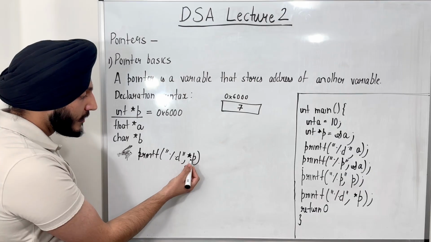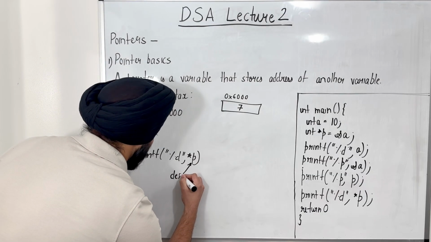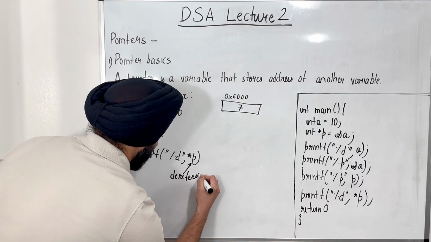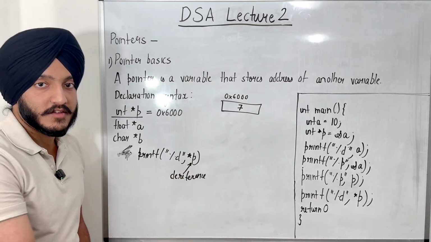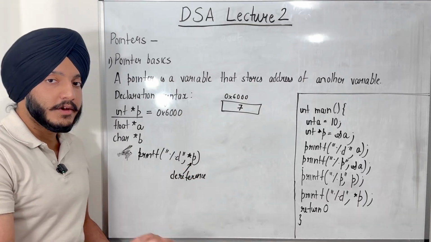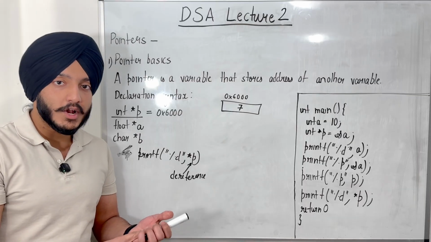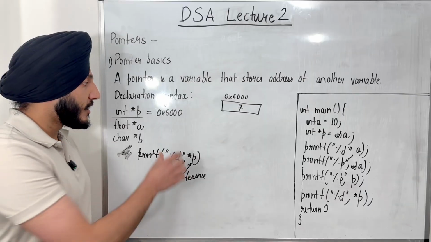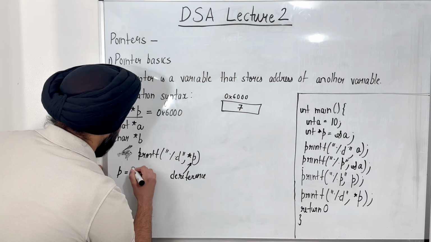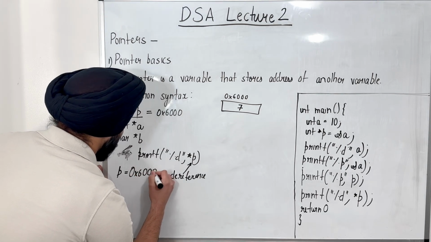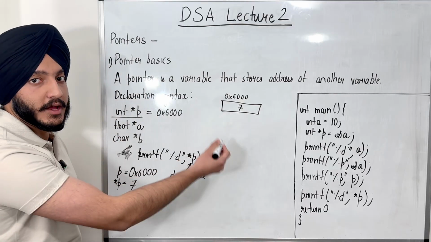So when I write *p, that means dereferencing the value. Dereference means actually get me the value which is stored at the address. So once again, p would actually store the address, right? So for example, this p value in this case would be equal to 0x6000. *p in this case would actually be the value 7 over here, right?